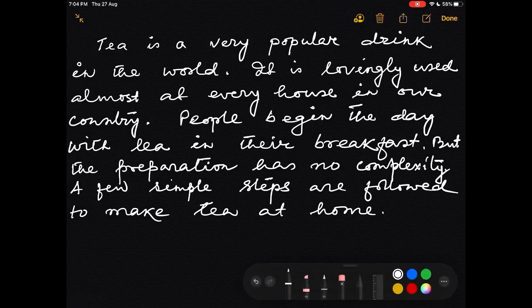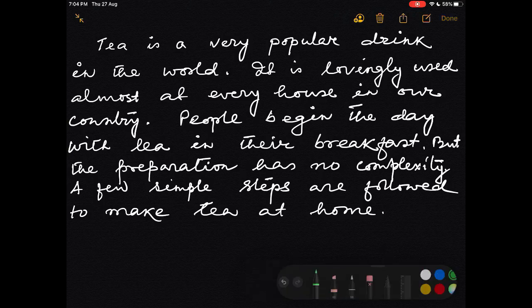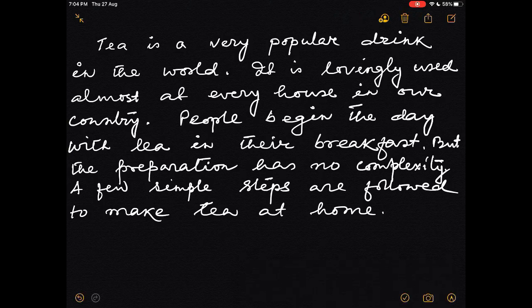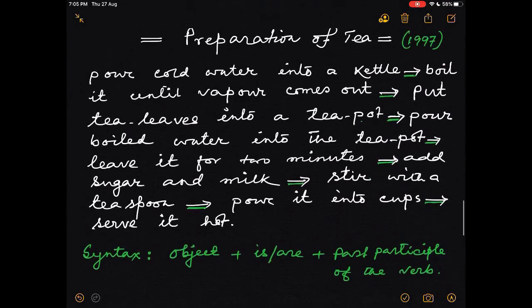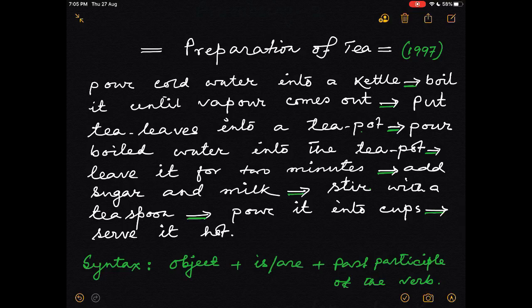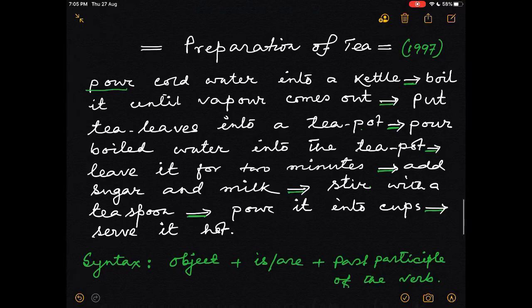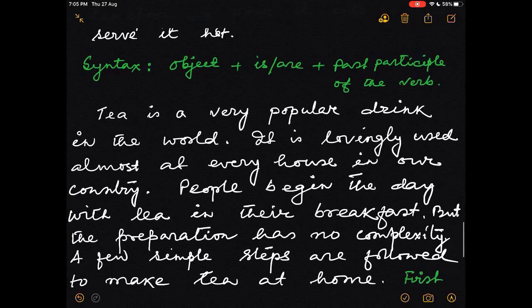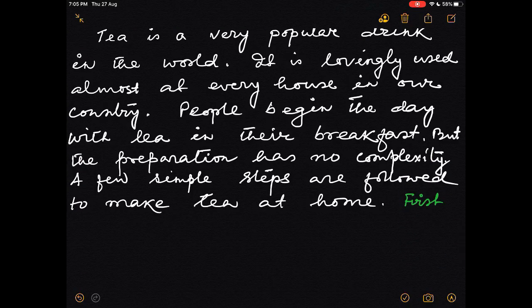We will go to the points one by one. We will see what this is. First, write first. First, what is the point? Pour cold water. Pour, this is the verb, cold water into a kettle. So first, cold water is the object.